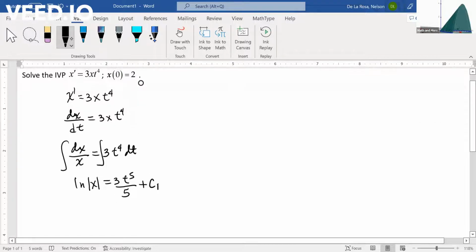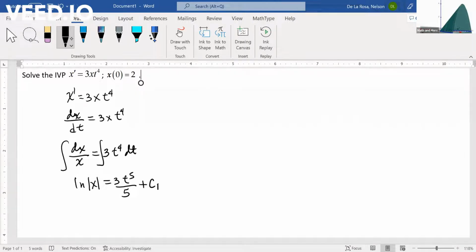So the next step is to try to write the solution of the differential equation in implicit form. Since we have an initial value problem, it is convenient to write the equation in its explicit form.